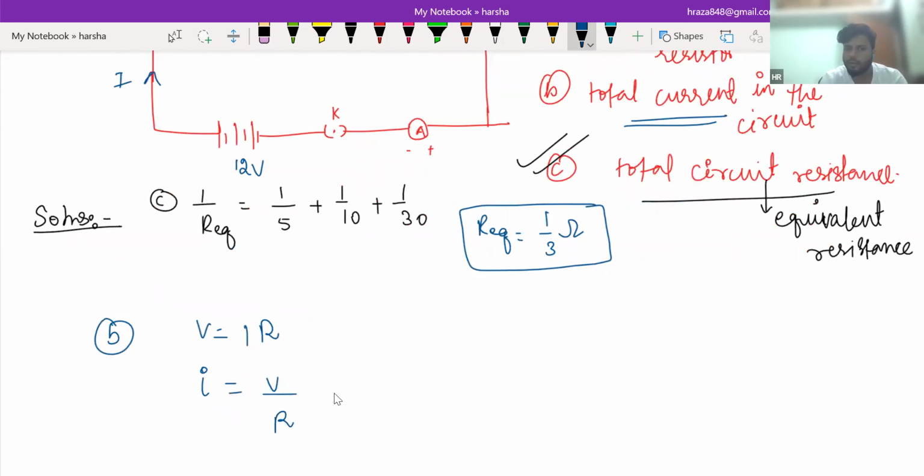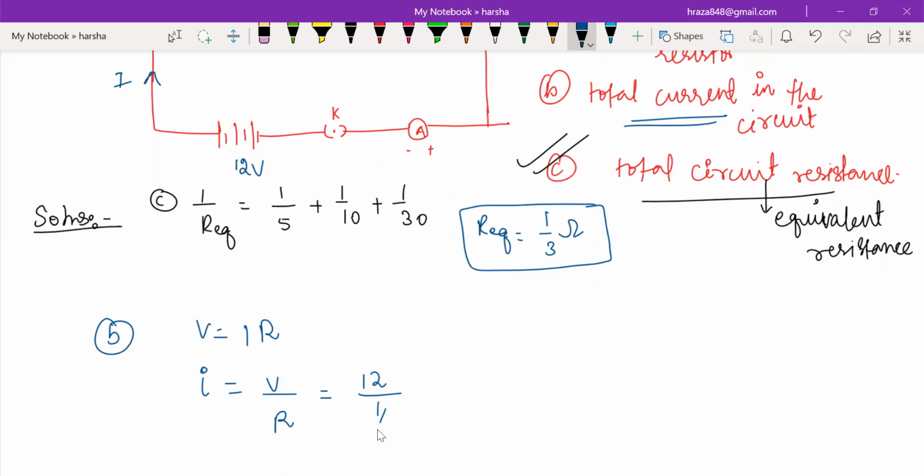Now you can see V potential is given 12 and total resistance. If it is asking total current, then you have to apply equivalent resistance, total resistance. That is basically 1 by 3, it will be or not? Yes, sir. Sir, you are doing the first one or second one, A or B?